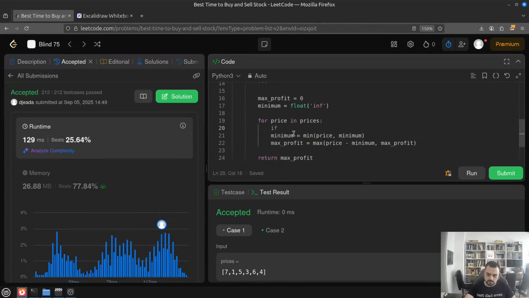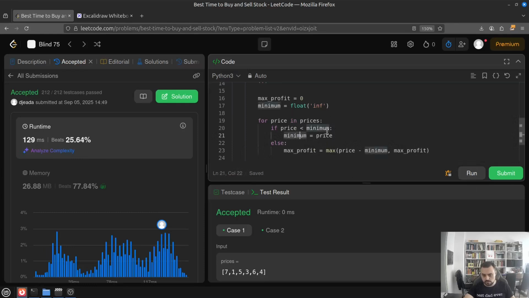So only update the minimum if the current price is less than the previous minimum. And else update the max profit. So we would have a little bit less updates.